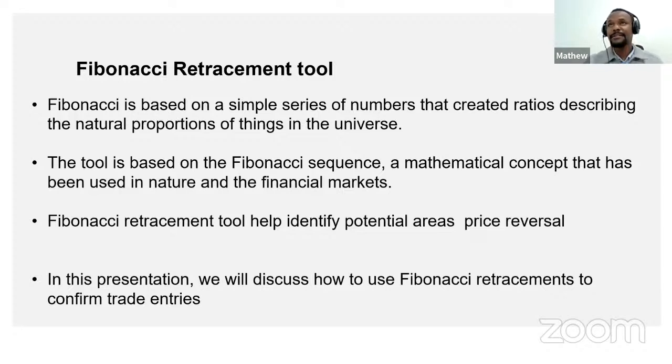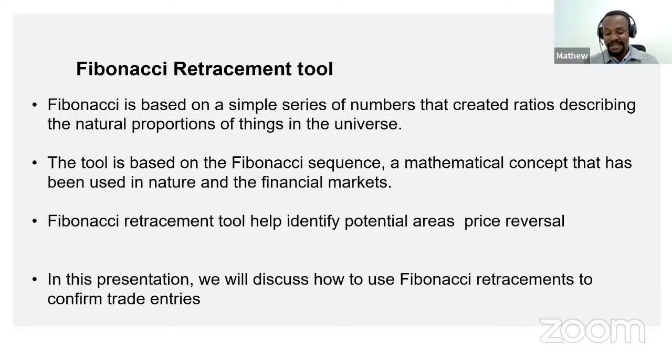There is a very interesting story about Fibonacci and these Fibonacci retracement tools. They are naturally occurring events that are considered to follow Fibonacci retracement. For example, the staircase, the drawing of spirals.